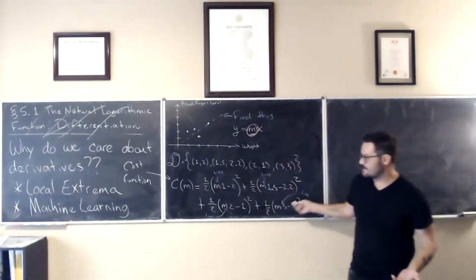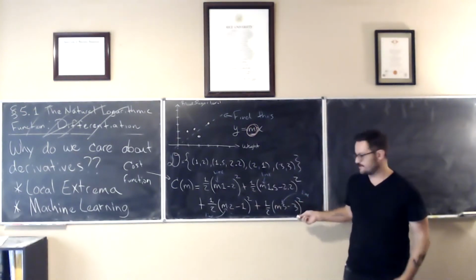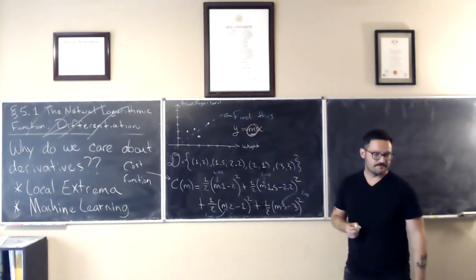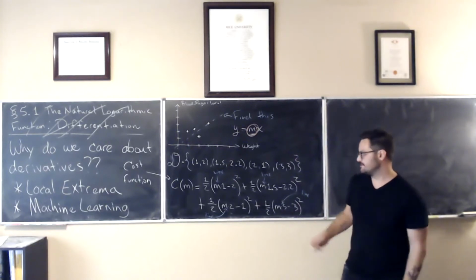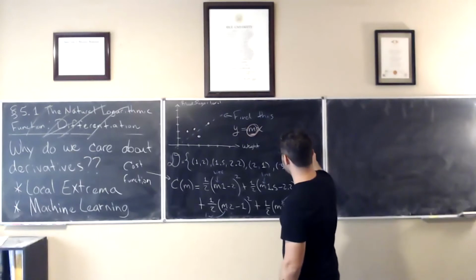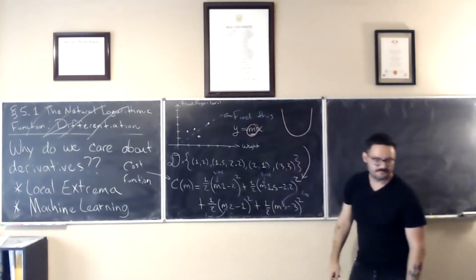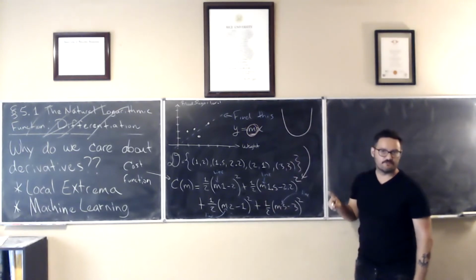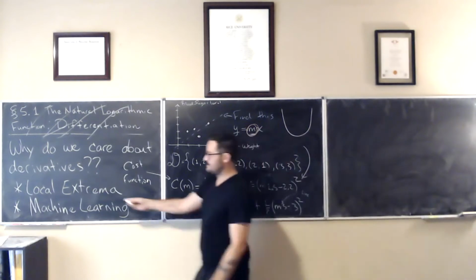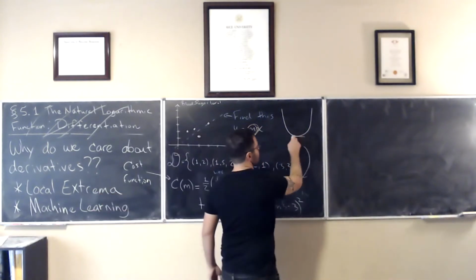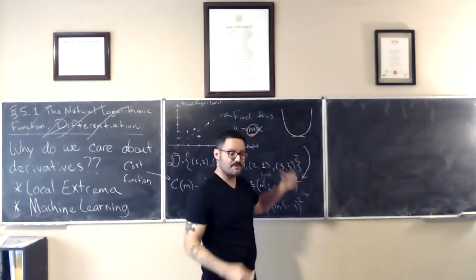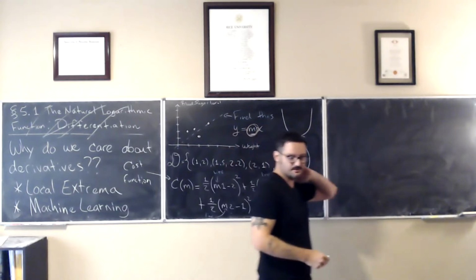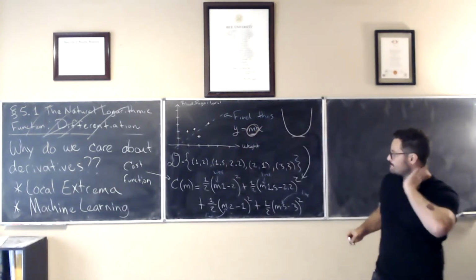So what type of shape does this cost function have? Parabola. This cost function looks like this. It's a parabola, which means there's only one extrema right there, which is the minimum of that function. Do you agree? Yes, sir.